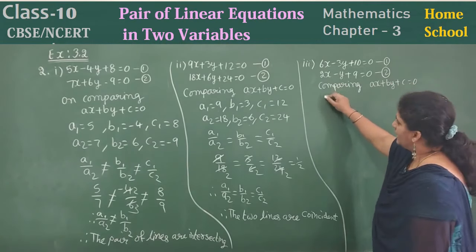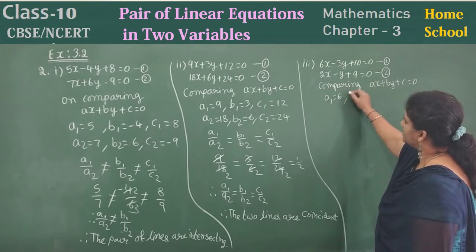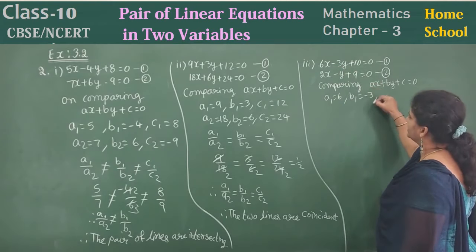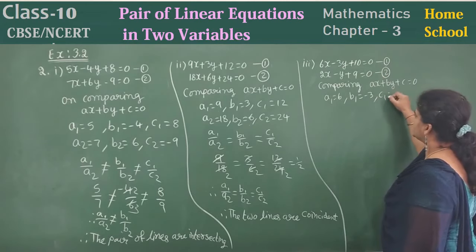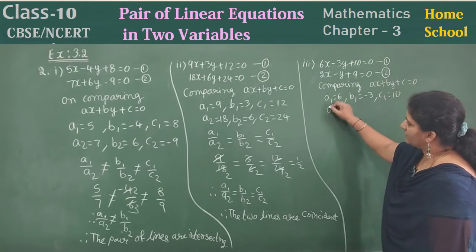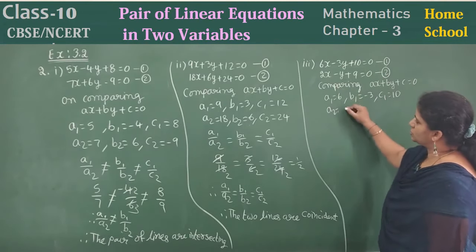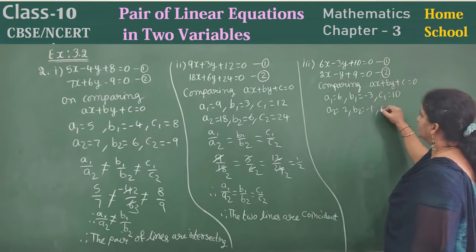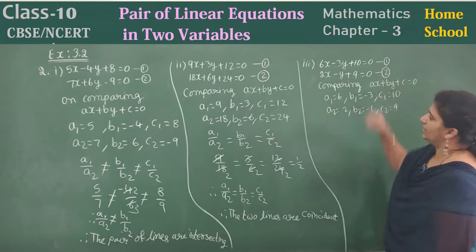That is a1 equal to 6, b1 equal to minus 3, children. Here with the sign you need to write. c1 is equal to 10, and then a2 is 2, b2 is minus 1, c2 is 9.